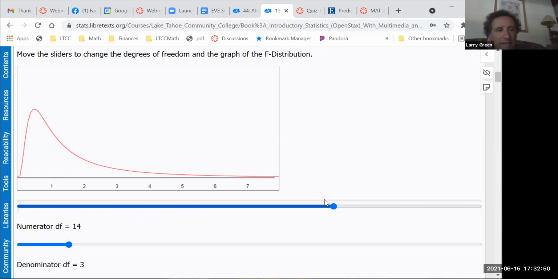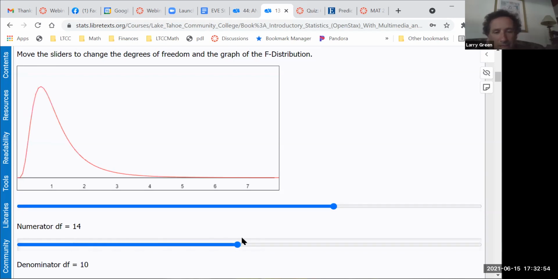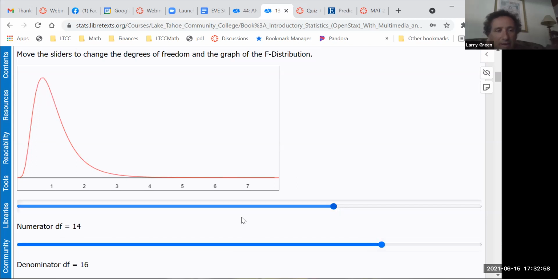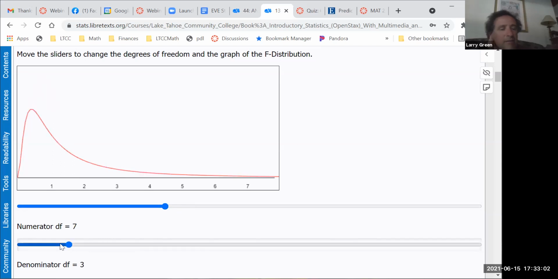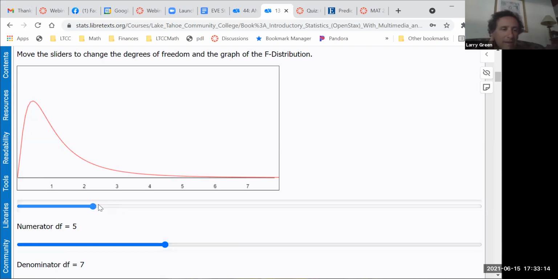You'll notice that the F distribution is unimodal and skewed right. Any questions on that? In fact, pretty much any degrees of freedom that you choose that are natural will be unimodal and skewed right. I'm not going to get into the details of the math for this because it's too hard, but I figured I'd show you a picture of what the distribution is.